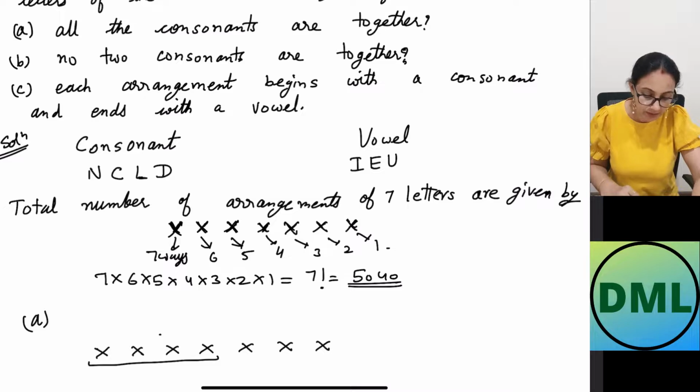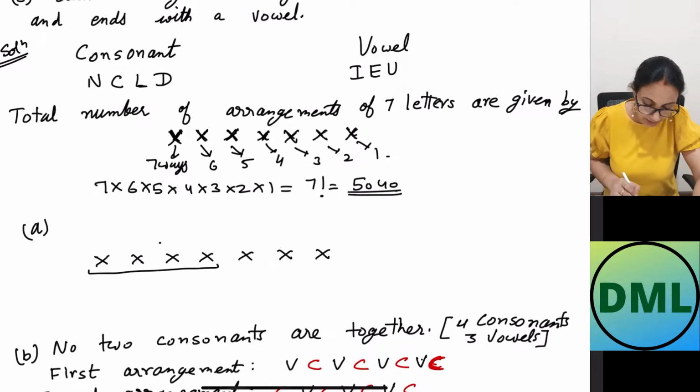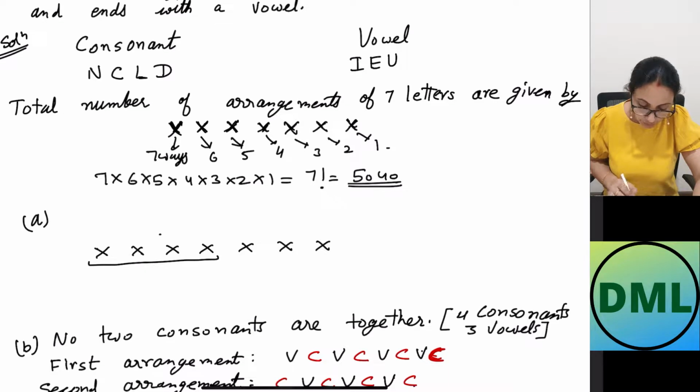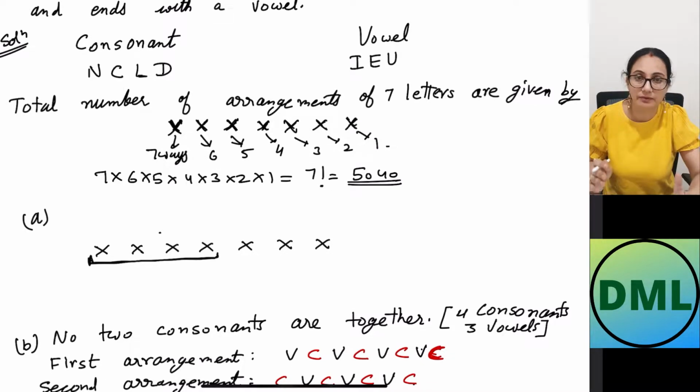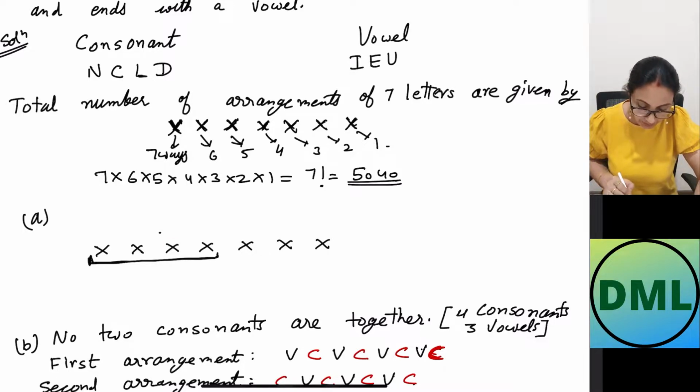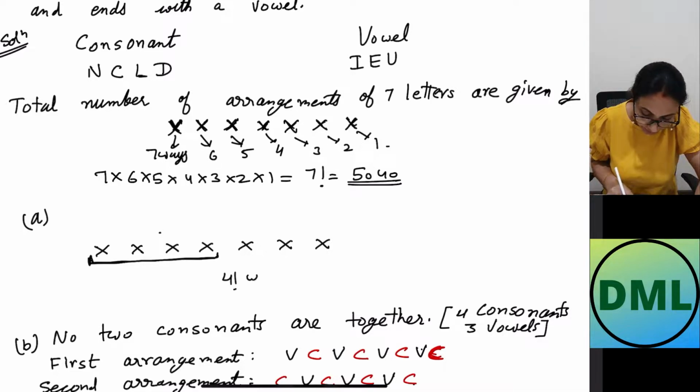Now he's saying that all the consonants must be together. So as you can see, I have made 4 crosses and kept them together, and the rest, the other 3 crosses, are there. Now these 4 consonants which are together can be considered as one box. So now you have to arrange 4 things in a row. That can be done in factorial 4 ways.